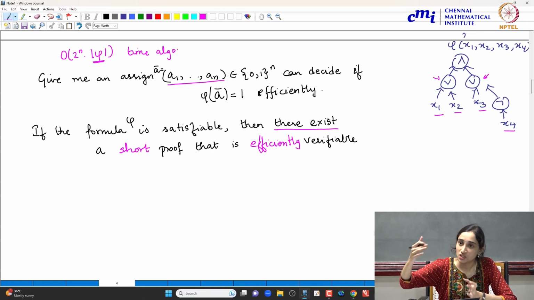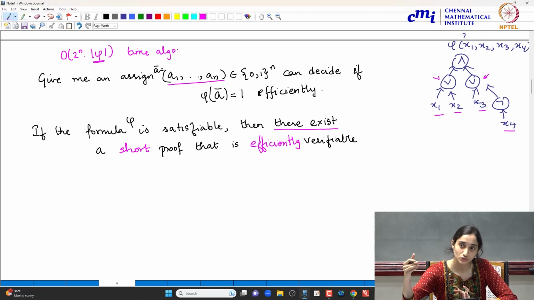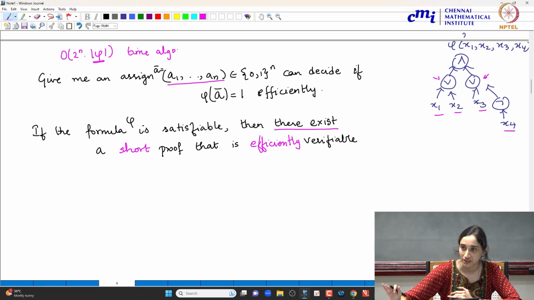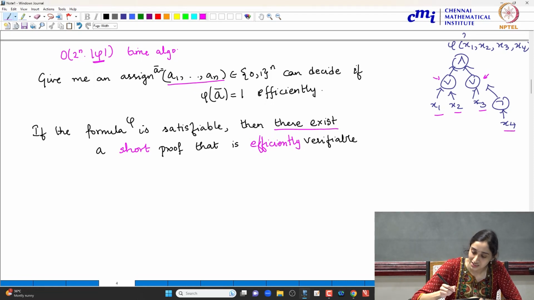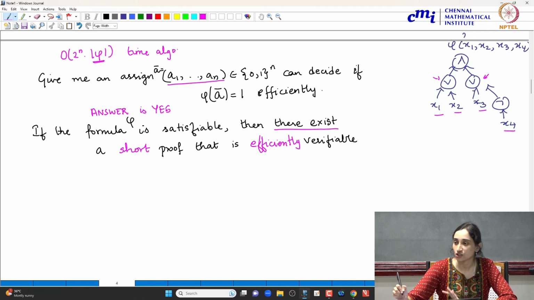If you give me a very large proof, I do not even have time enough to read that proof. If I want to efficiently verify it, I should first be able to read the proof that you give me. If I cannot even read all the variables, I cannot set the variables. So if the input is a yes instance, then there exists a short proof that can be efficiently verified.